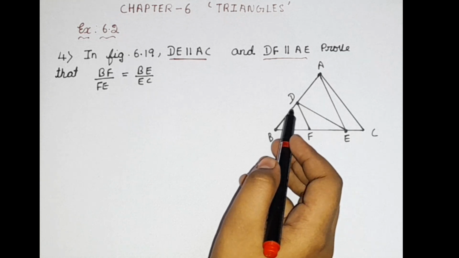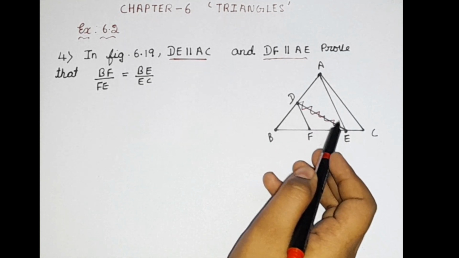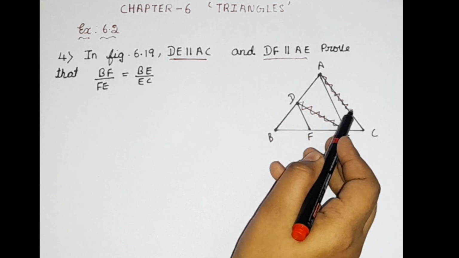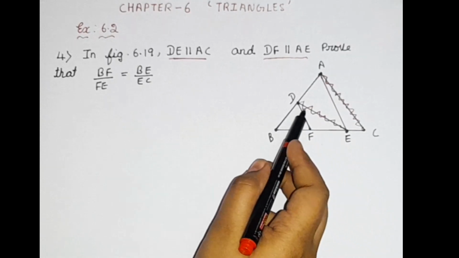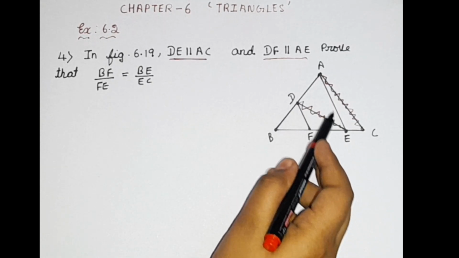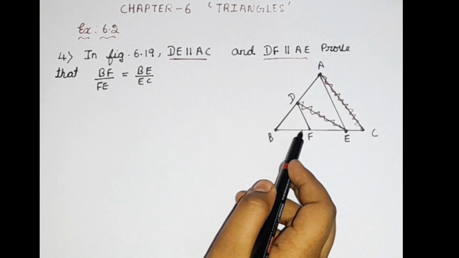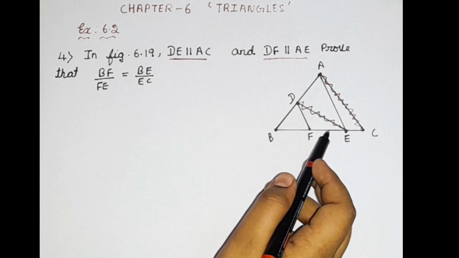D is right over here and AC is right over here. I hope now you can understand. DF is parallel to AE, okay. I am not going to shade that, it will be confusing.